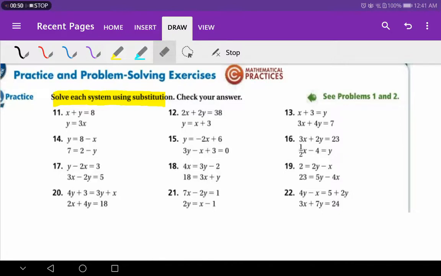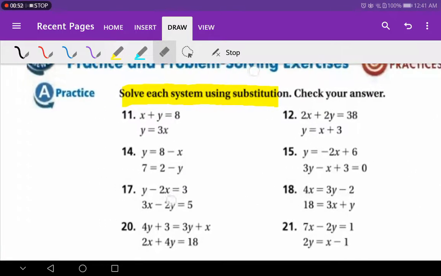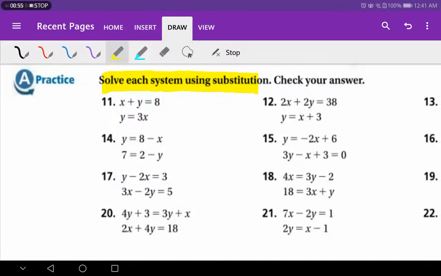In the first part we found out how to find the solution for 11 and 12. Okay, good. What I have to tell you here: the first equation is x plus y equal 8. The second one is written in subject of y.